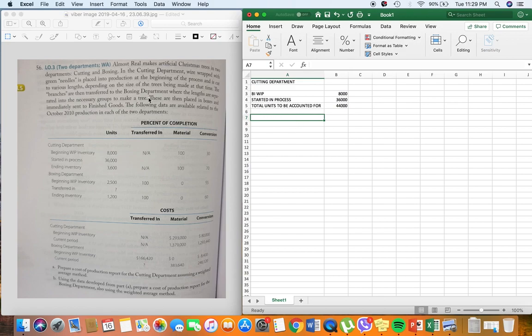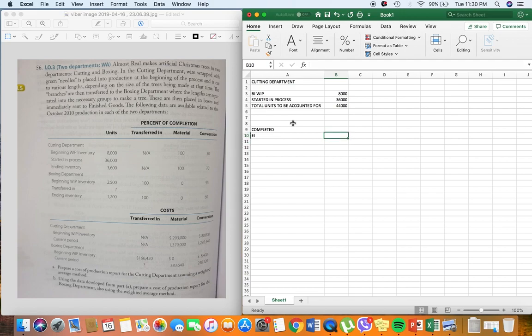So now, since the problem is asking us to use the weighted average method, we will only classify the units into two. We have the units completed and the units in our ending inventory. So the sum of the two must be equal to the total units to be accounted for.